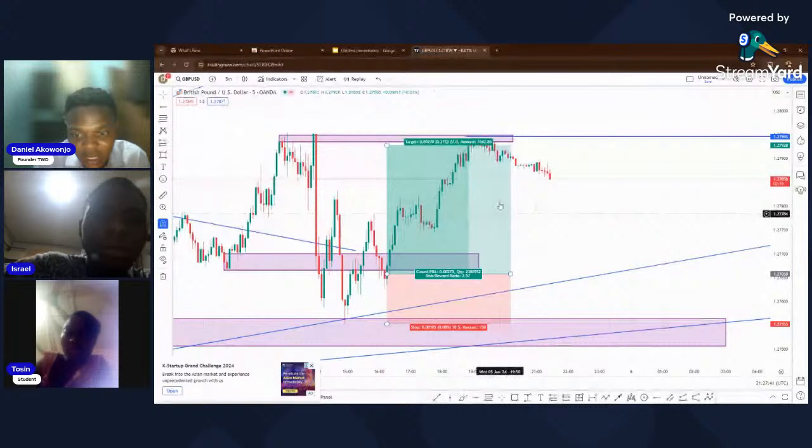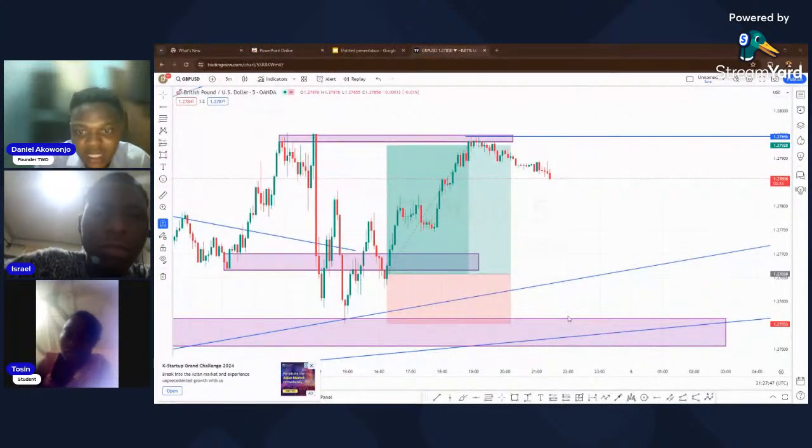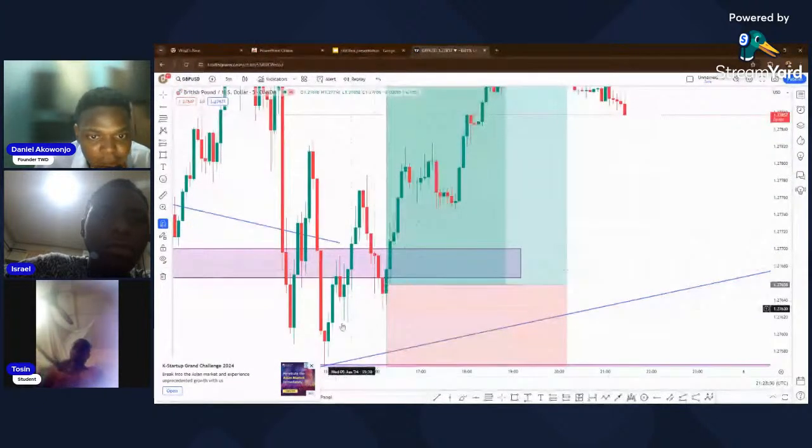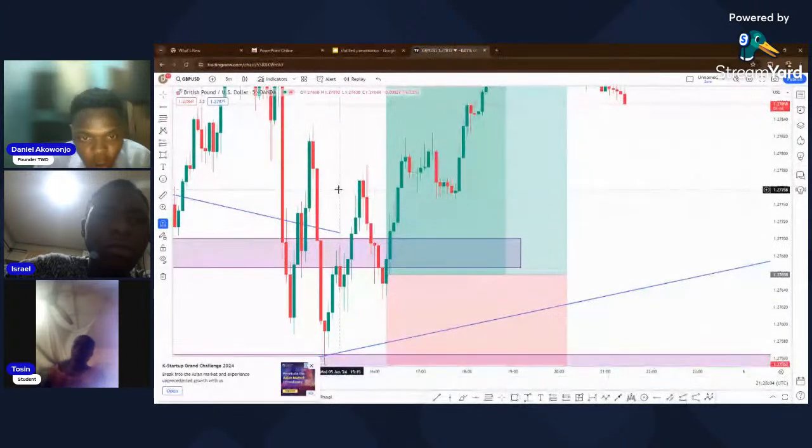Let's imagine you have a very good account, right? And you're trading. Okay, so now you're in a trade already. Let me use this trade as an example. Let me look for the one that has this. Okay, so now see this particular candlestick.